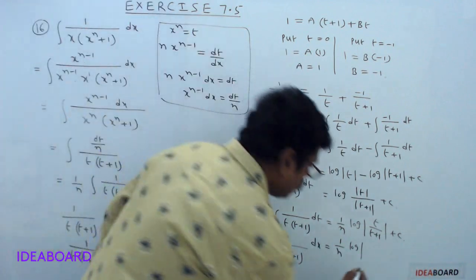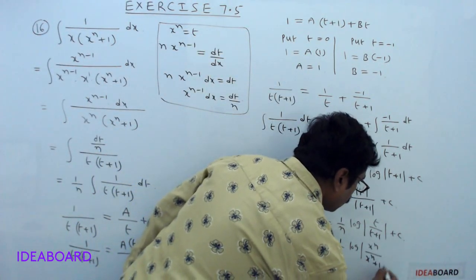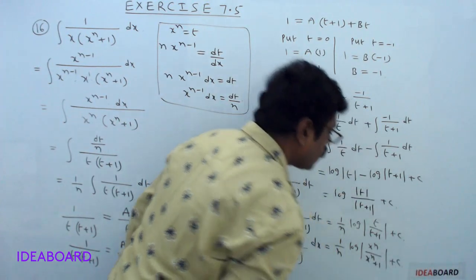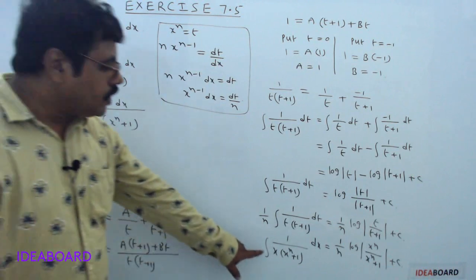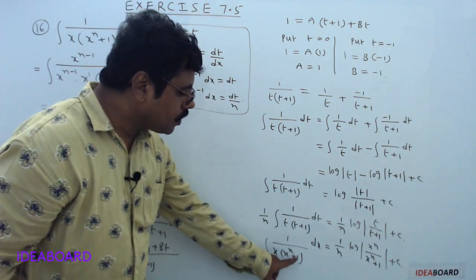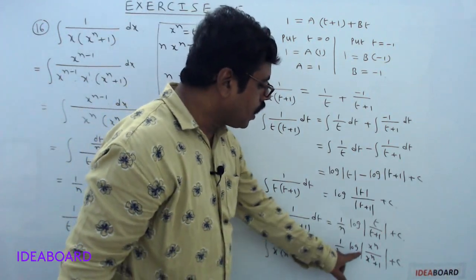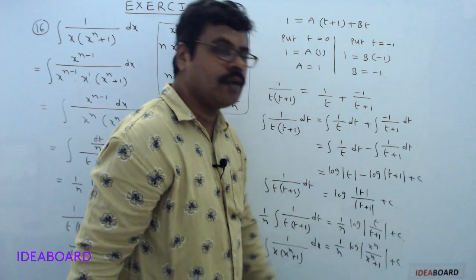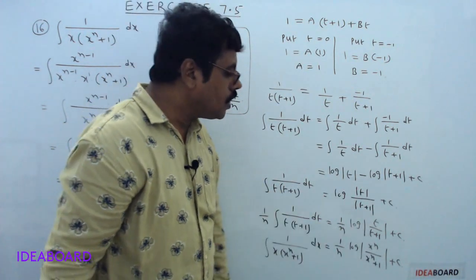X power n. So this is x power n divided by x power n plus 1 plus a constant c. So what is the final answer? Integral 1 divided by x into x power n plus 1 dx is 1 by n into log mod x power n divided by x power n plus 1 plus a constant c.